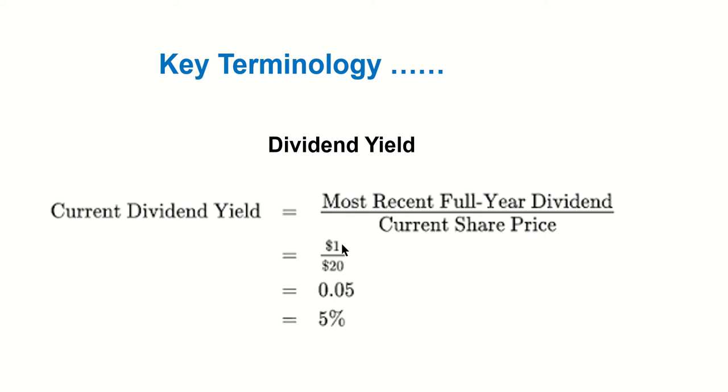For example, you buy a company and they give $1 dividend, and the current price of that share is, say, $20. That means the yield is 5%. So whenever you see 5% or 2%, you need to multiply the stock price by that number, and it will give you the amount of dividend you get.